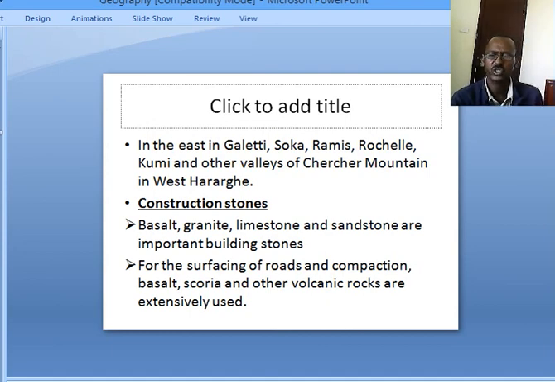Construction rocks: basalt, granite, limestone, and sandstone are important building stones, especially for construction, like road construction. For example, granite is very good for the construction of roads. For the surfacing of roads and compaction, basalt, scoria, and other volcanic rocks are extensively used.